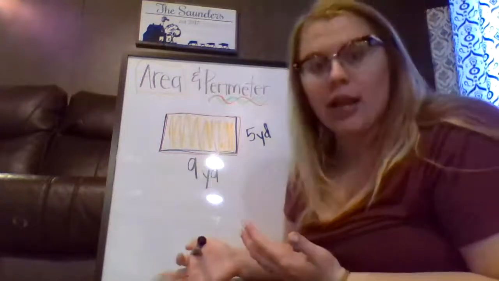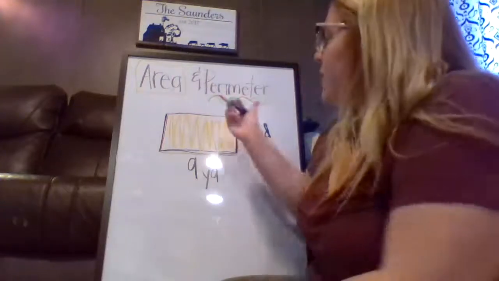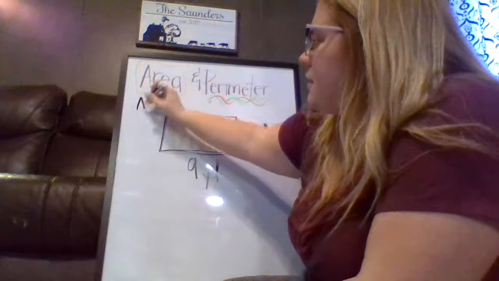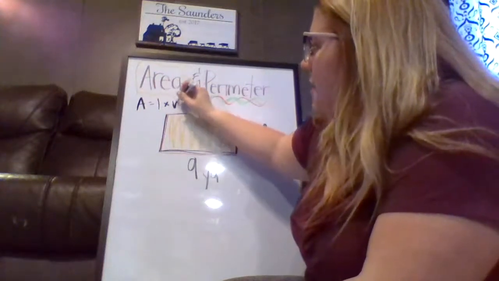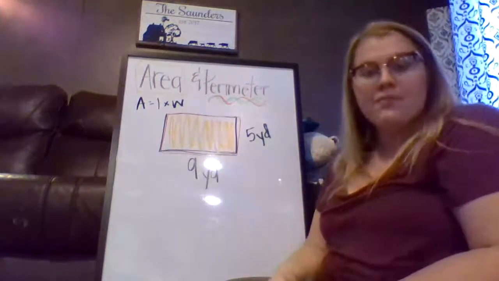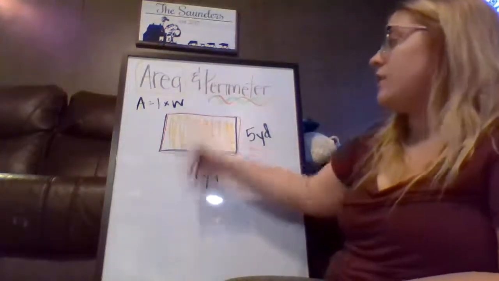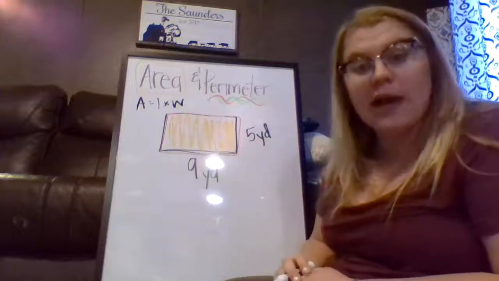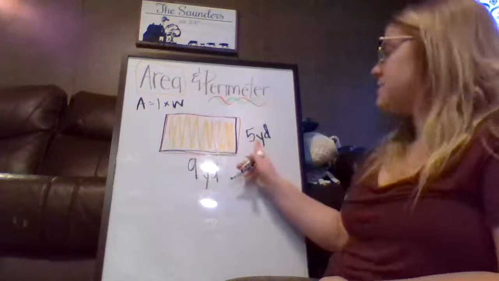Or what is the area of John's backyard? When we find area, area equals length times width. So if we want to know the area of John's backyard, we're going to take our length times our width.